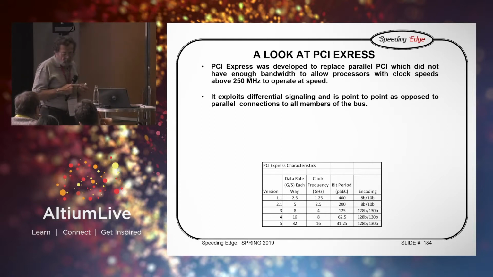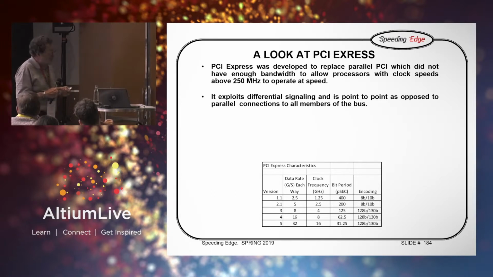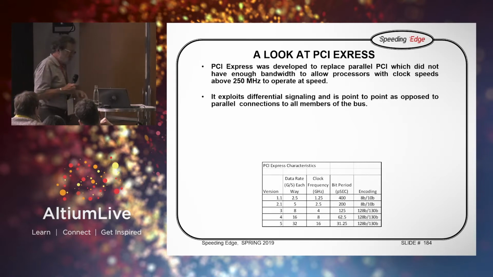The advantage of differential signaling is you get much higher bandwidth. The disadvantage is, because it's not a parallel bus, there has to be a switch chip to direct traffic between the different loads on the net.